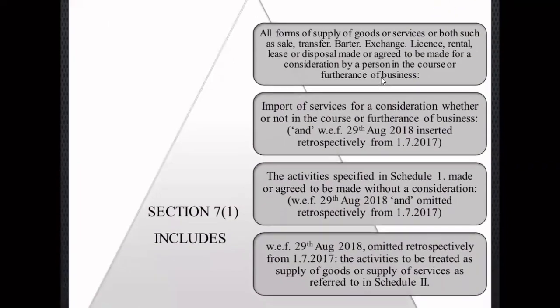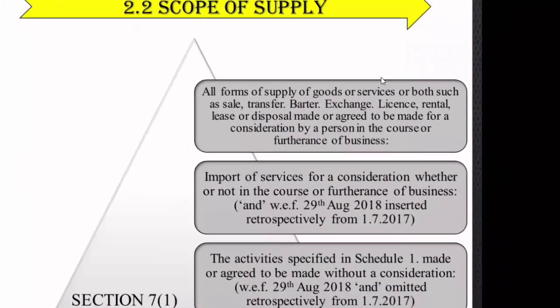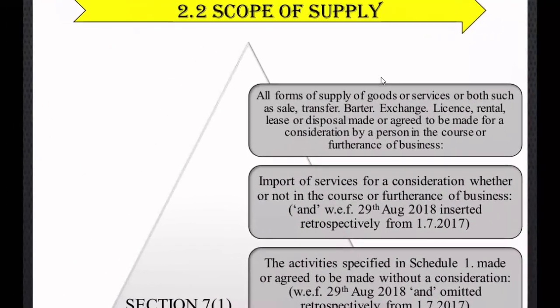That is section 7.1, which says supply includes all forms of supply of goods or service or both, such as sale, transfer, barter, exchange, license, rental, lease, or disposal made or agreed to be made for a consideration by a person in the course or furtherance of business.